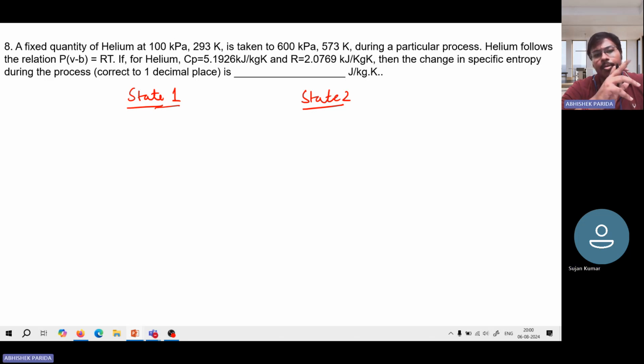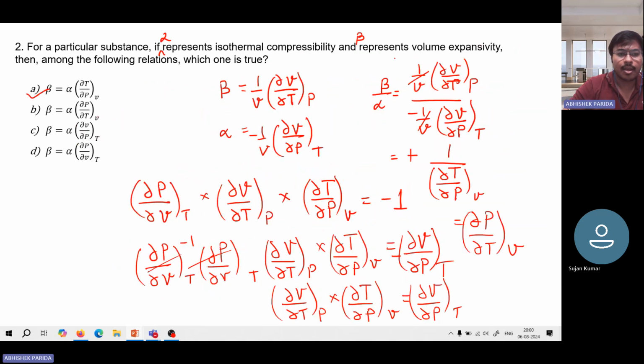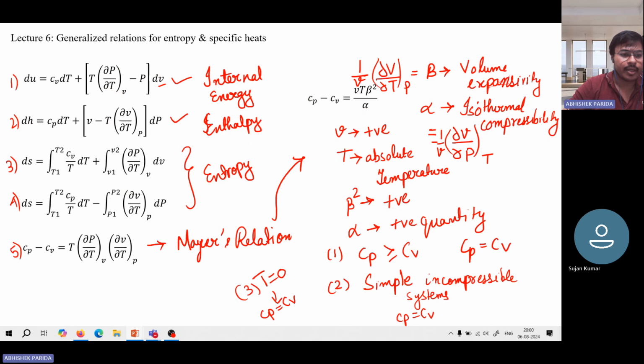No, it is not applicable. But a few slides before this, I have written these formulas, two types of ds relationships. If you derive also, you will get the same relation, but don't directly use the equation that you said. That is all obviously for the ideal gas.